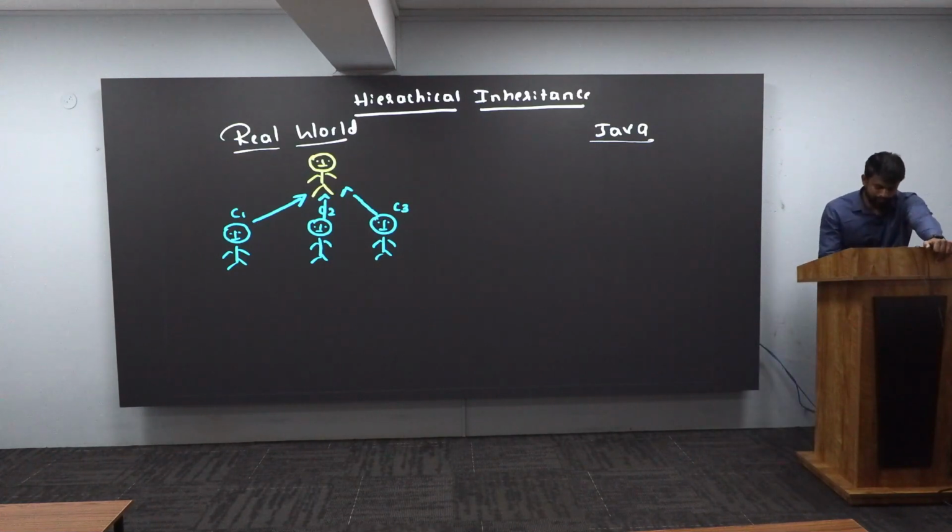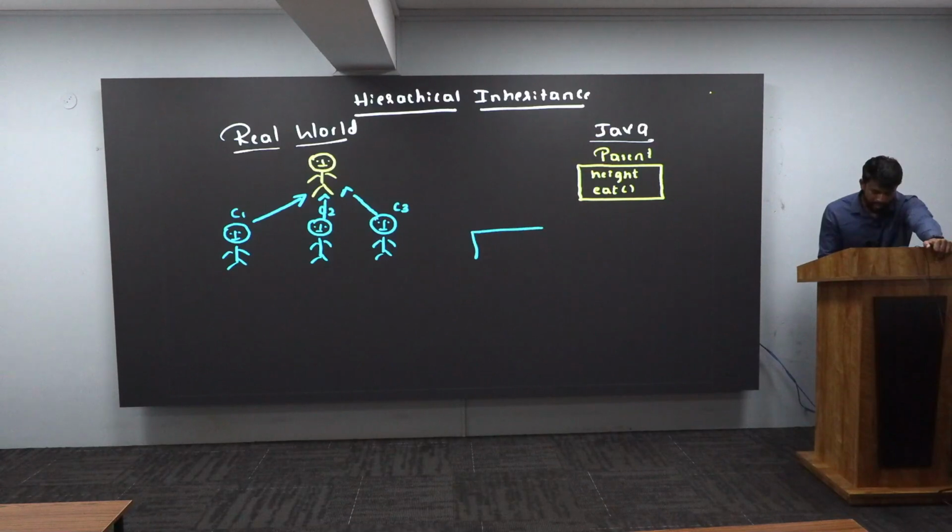Let me show you. So first of all, we have one class, and the name of the class is what? Parent. So inside this, I will give one property as a height and one behavior as eat. Good. Now, I will create one class, and the name of the class is child1. I will create another class, the name of the class is child2.